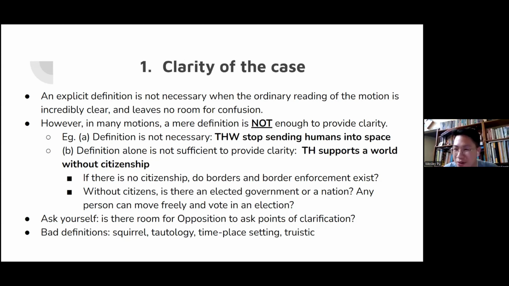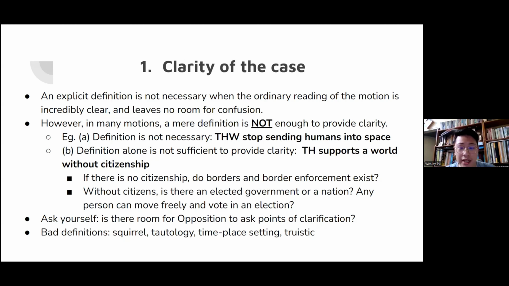Everyone knows what a school bus is. These aren't things that are necessary. So don't waste time on defining things that aren't important to the debate. For example, this house would ban smoking. Nobody needs to know what smoking is because probably everybody does know what smoking is.